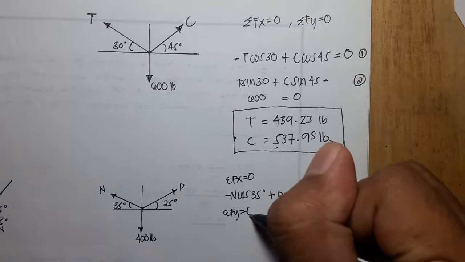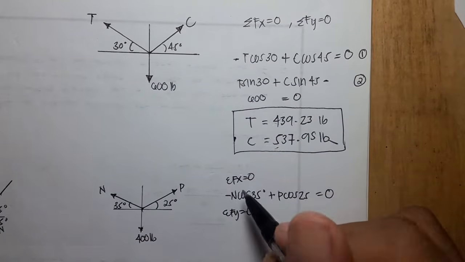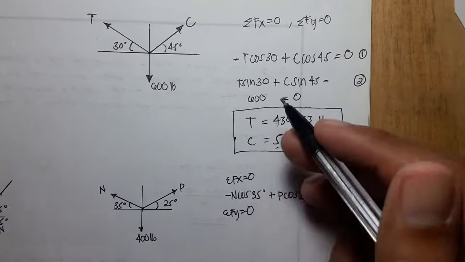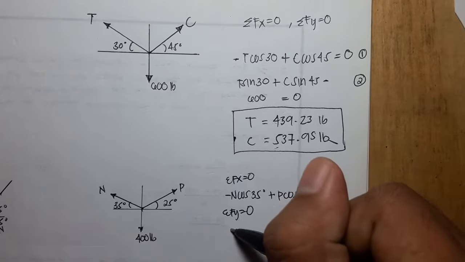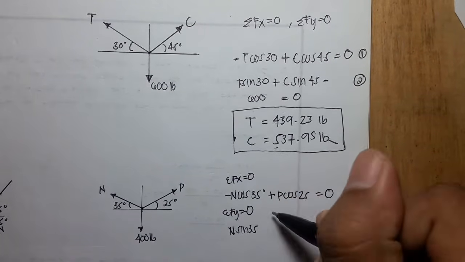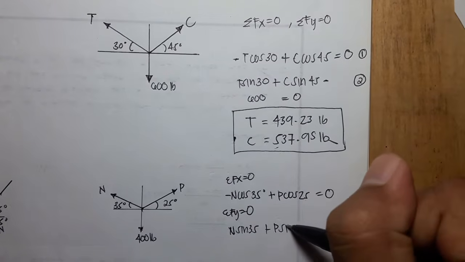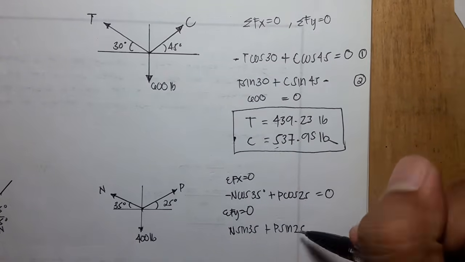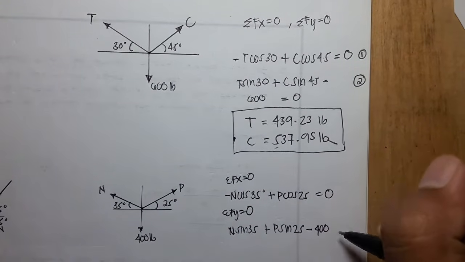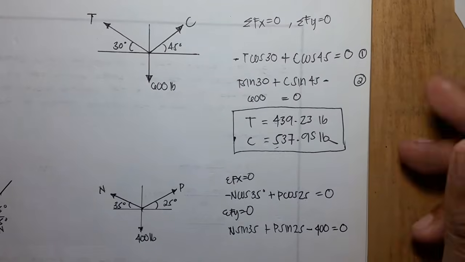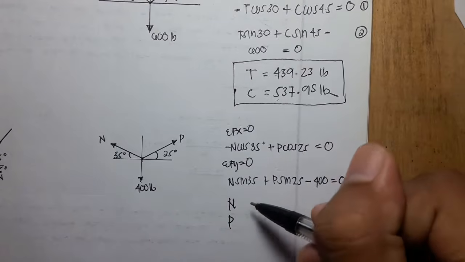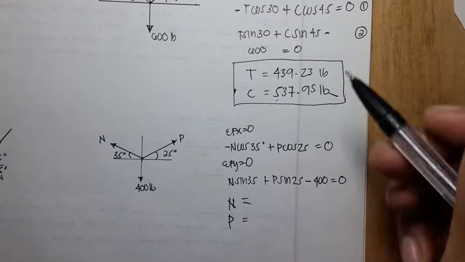Summation of forces y equals 0. If you put N first, then in the next equation we should also put N first. N sine of 35 plus P sine of 25, then we have a constant there of 400, equals 0.